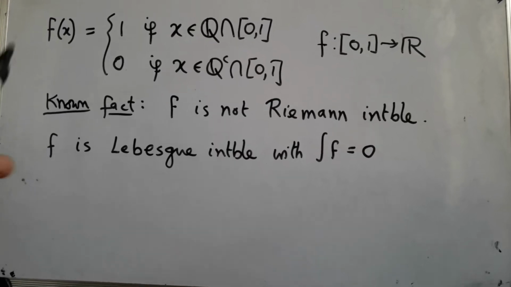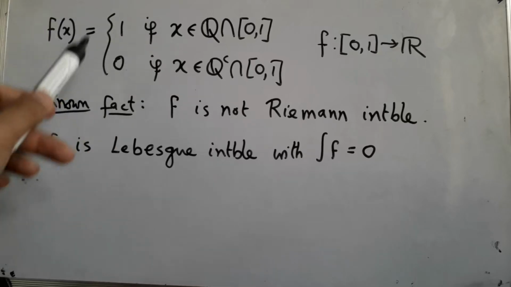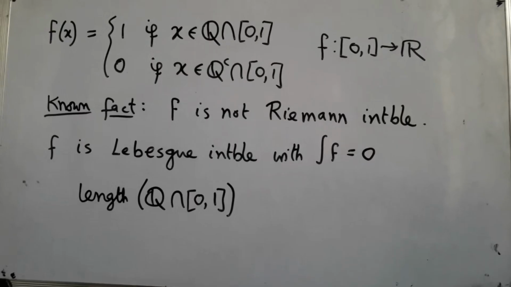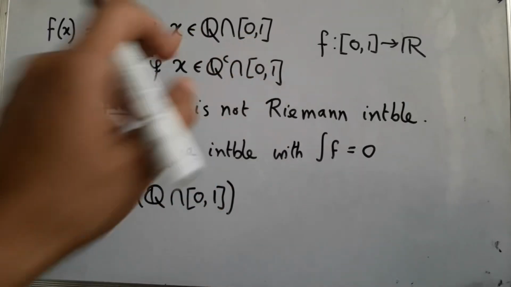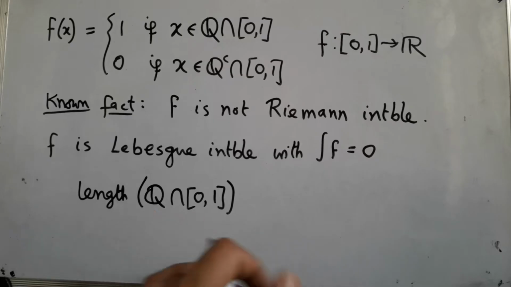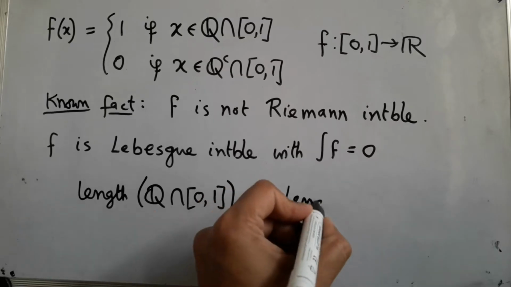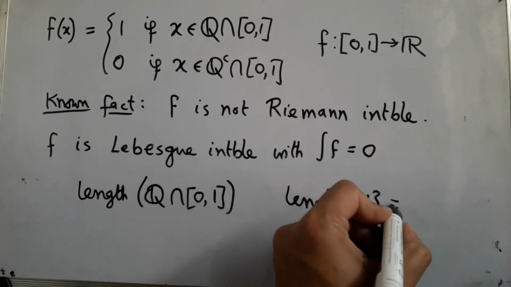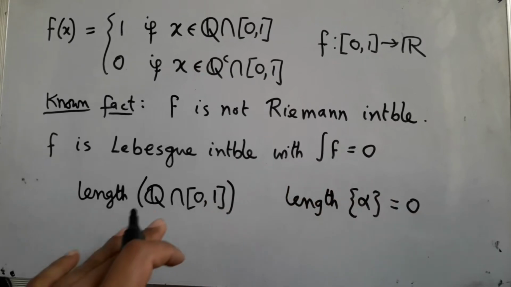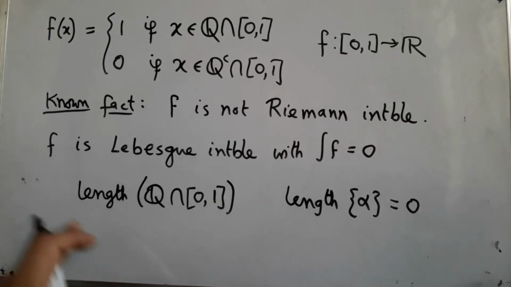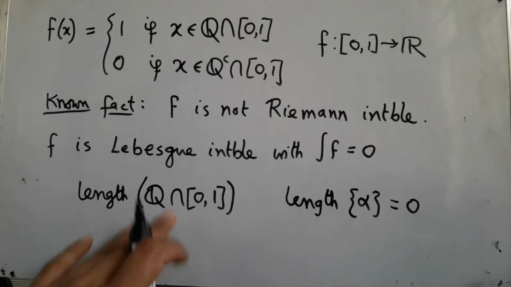Just a hint: this is already a simple function, so all that you have to work out is the length of this set. And remember, it's a countable set, and we of course have the length of any singleton {alpha} is 0. Since it's countable, we can somehow arrive at the fact that this length is also equal to 0.